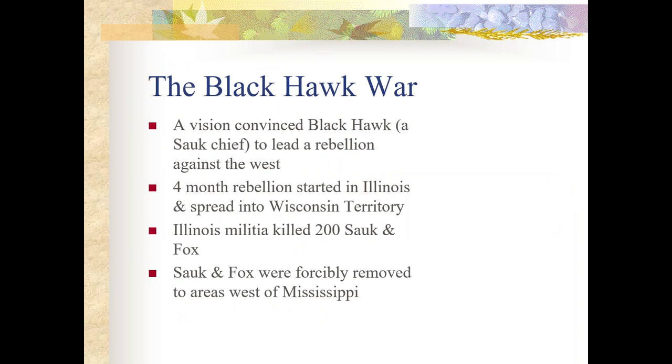And so they will be forcibly removed to areas west of the Mississippi River, freeing up that land in the Great Plains region for many Western settlers who are looking to move out west and settle into the Ohio River Valley and beyond.